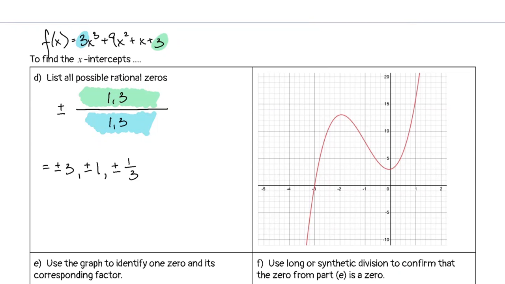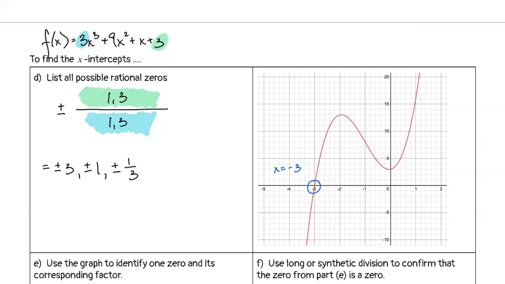All right. So now let's compare it to our graph. According to the graph, what would be our best guess to pick from our list? -3. Good. Because right here we have x equals -3.